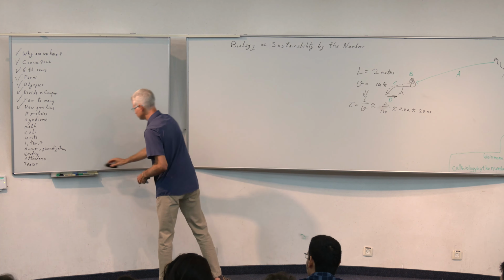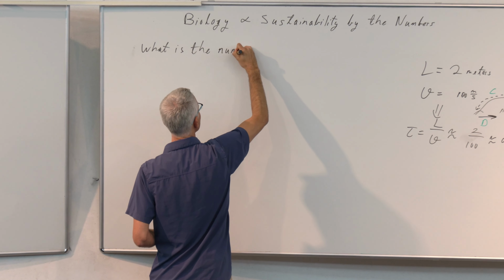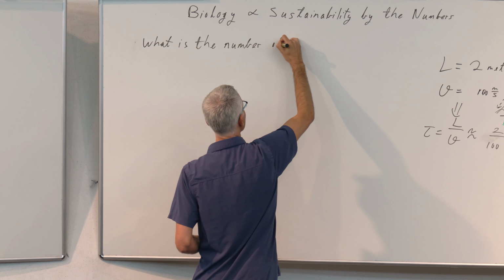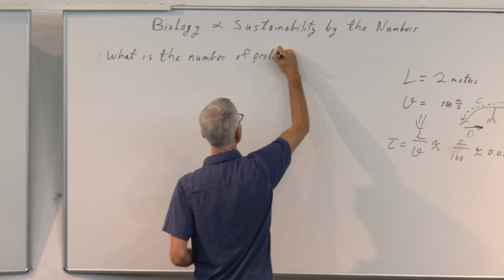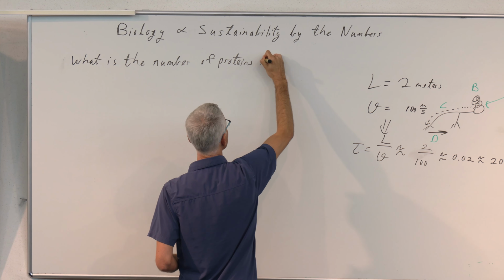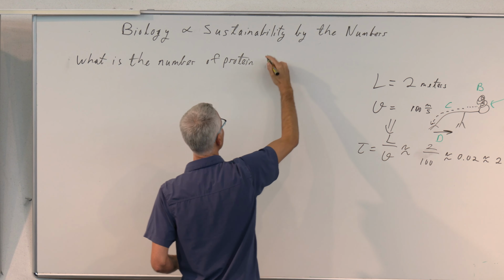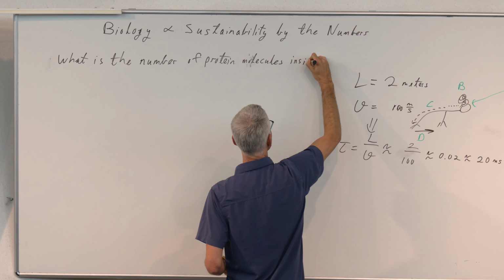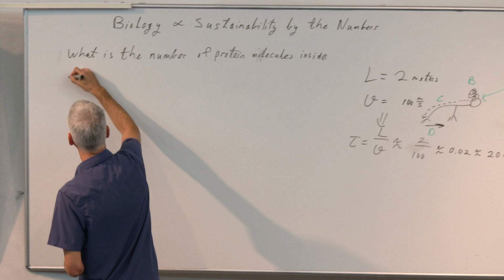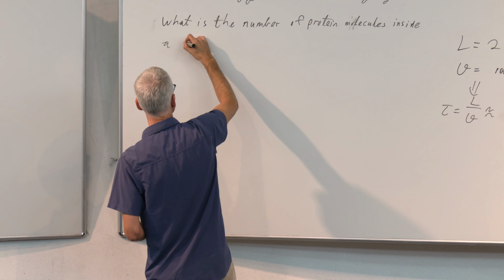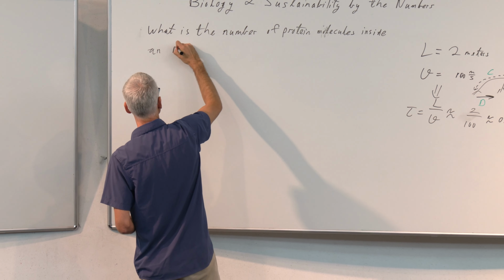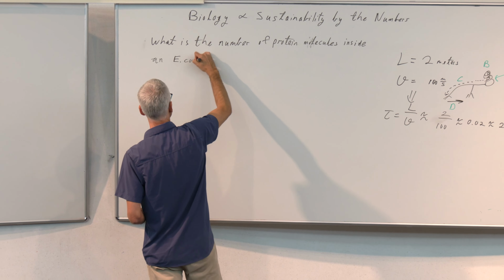What is the number of proteins, protein molecules inside an E. coli cell?